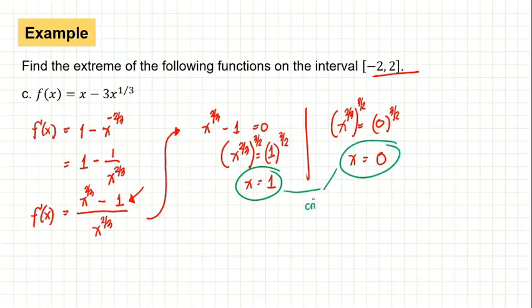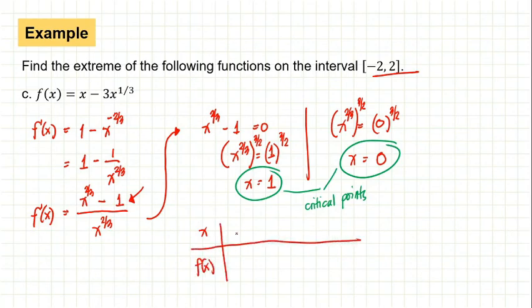And these are our critical points. Okay? And let us now compare the values through a table of values. So we will have x here and we have f of x. Okay, so we have the endpoint -2, the first critical point 0, then 1, then we have 2.